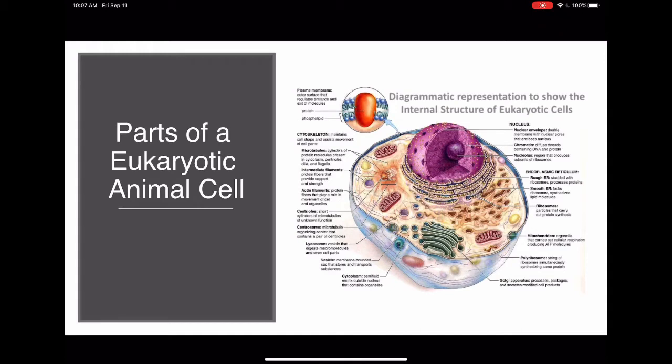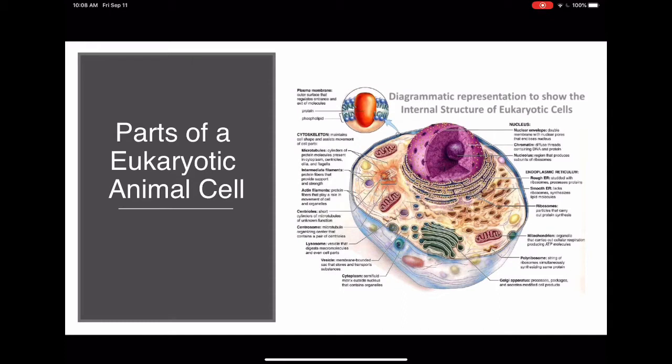All right, so moving on, we also have the Golgi apparatus. This looks like basically a stack of floppy pancakes or a bunch of flattened sacs next to each other. The Golgi apparatus is sort of the mail sorting center of the cell. It processes, packages, and secretes modified cell products.